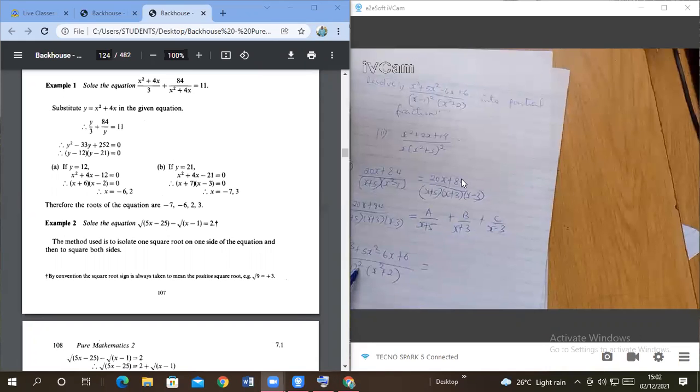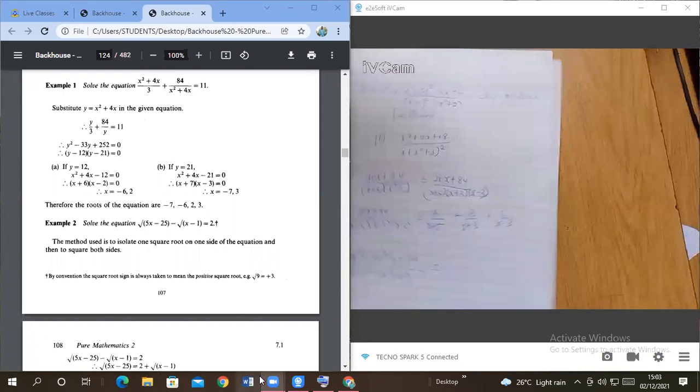It's linear, but repeated, right? Yes. So that kind of denominator, we call it repeated linear. Then what about x squared plus 2? It is quadratic, very good.